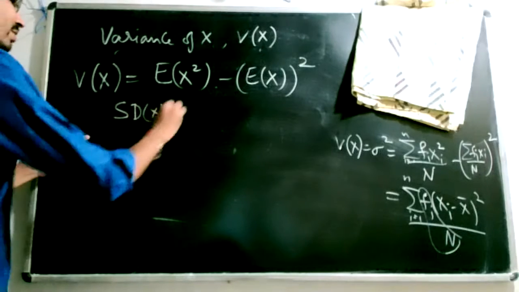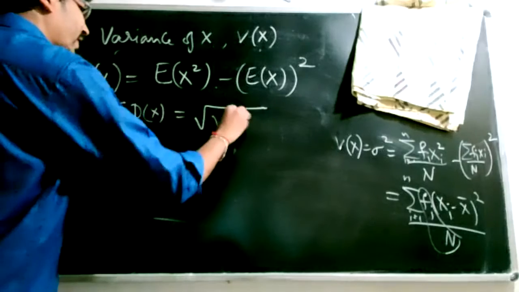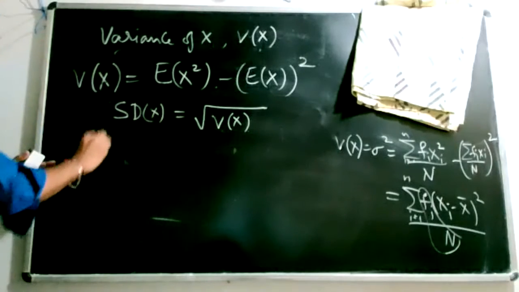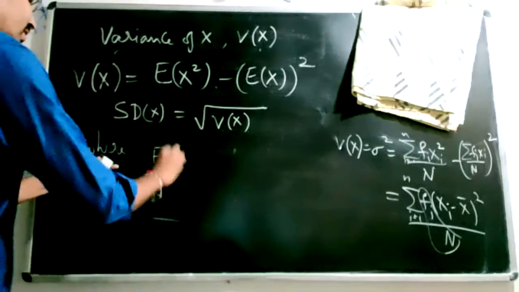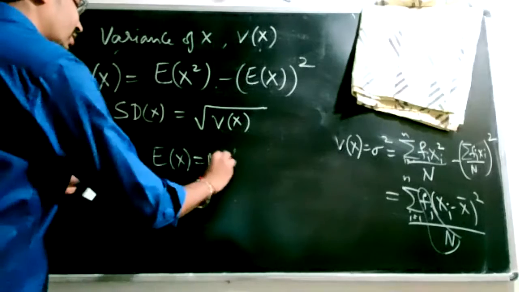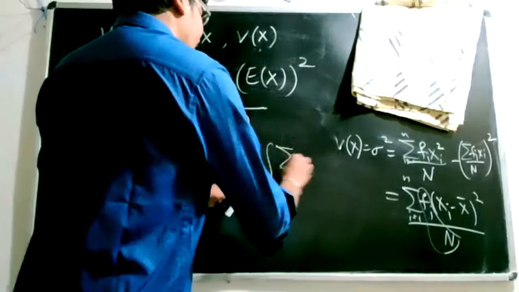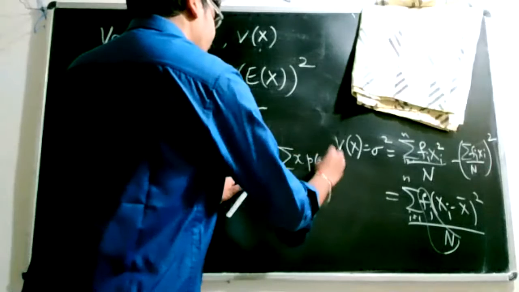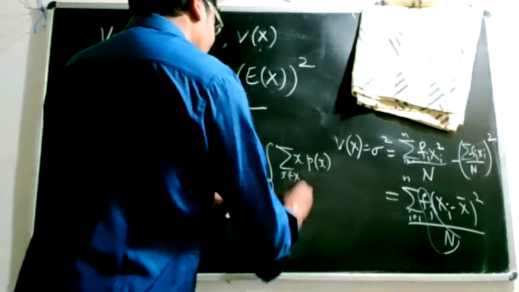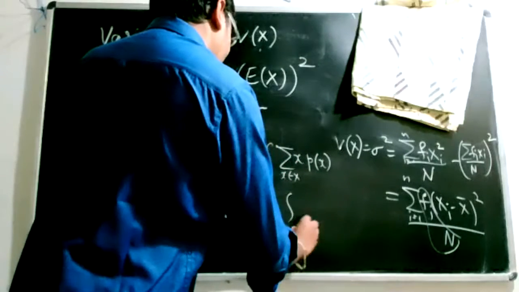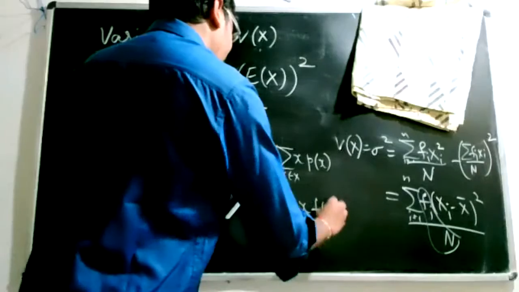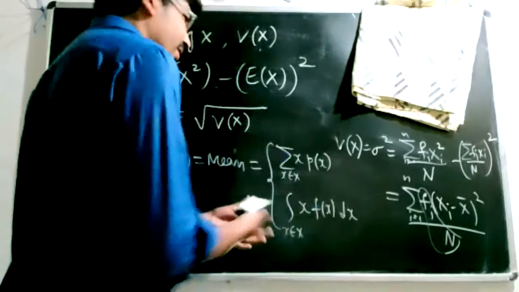So standard deviation of x is square root of vx, where your ex is the mean, arithmetic mean, and that is either sigma x p of x for discrete case over all x, or integration of x into f of x in case of continuous case.